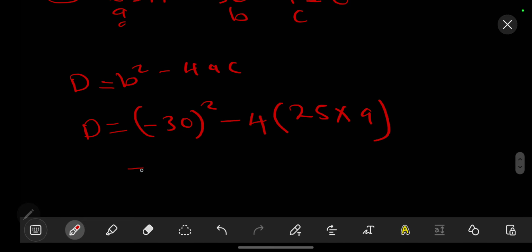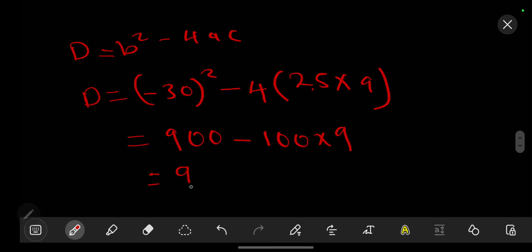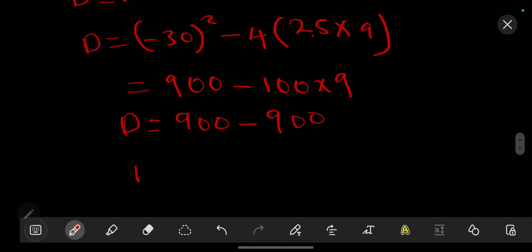So negative 30 squared gives you positive 900. Then minus, let's just multiply first, 4 times 25 gives us 100, times our 9. This gives us 900 minus 900. So our discriminant is equal to 0.